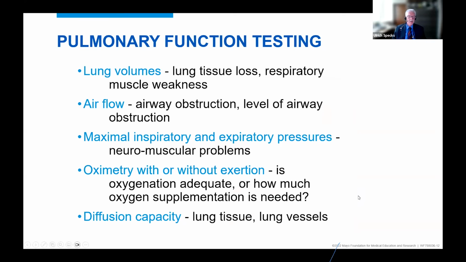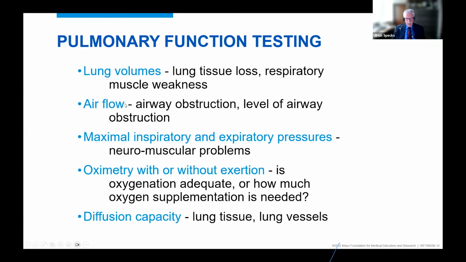And this lung function test does several things. It gives us numbers about the various volumes of the lung, how much you can breathe in and out, how much air is in your lungs, how much air is in your chest, and that can tell us about lung tissue loss as well as respiratory muscle weakness.